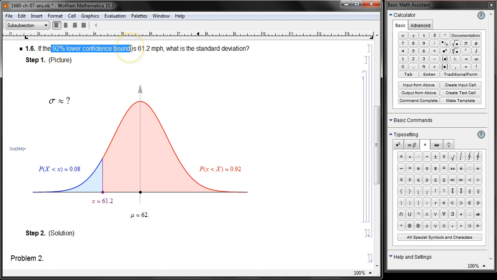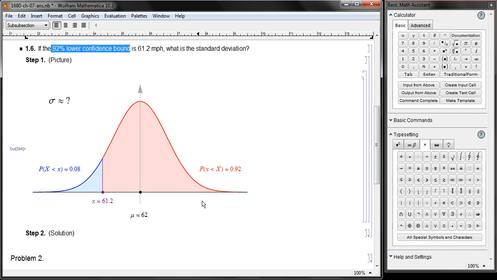So 92% is this big part. Certainly this left-hand side cannot be 92%. This bigger one should be 92%. Another reason: this is a lower bound, so the interval where I'm expecting my real mean to be is 61.2 or higher, all the way over here in the red region, and that is going to be 92%.